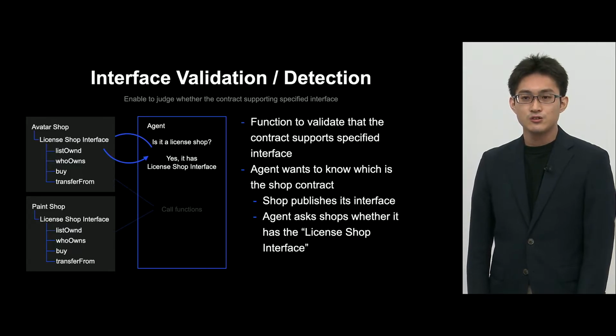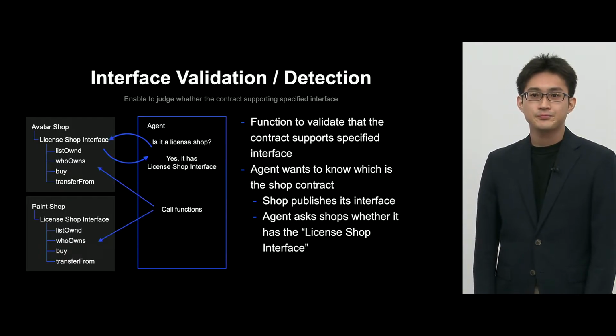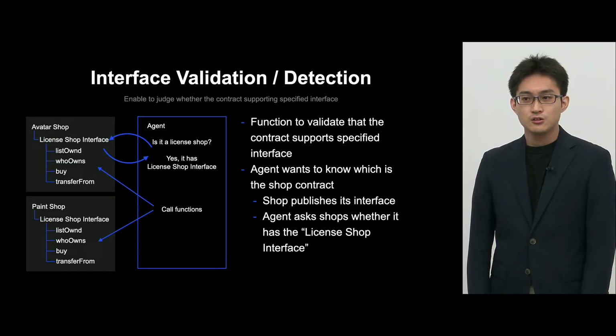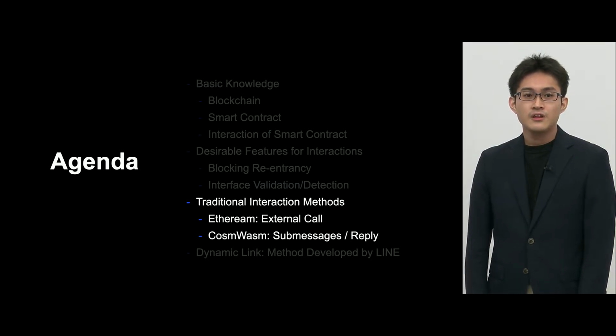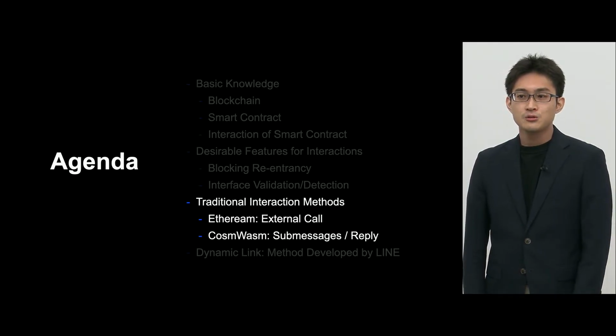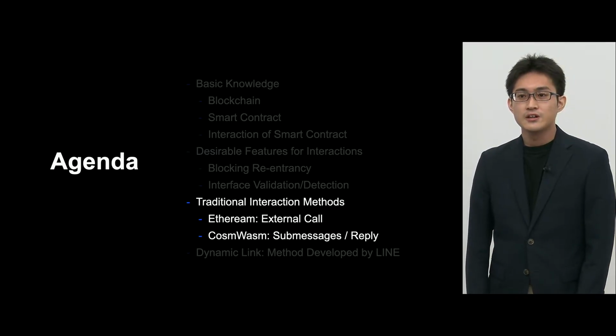And the interface validation and detection actually checks whether the interface is implemented. So here, the agent is checking whether the avatar shop is a license shop. When you do the contract interaction with this function, more efficiently, you can collaborate among the contracts. So now let's look at the interaction function of the contract with the blockchain.